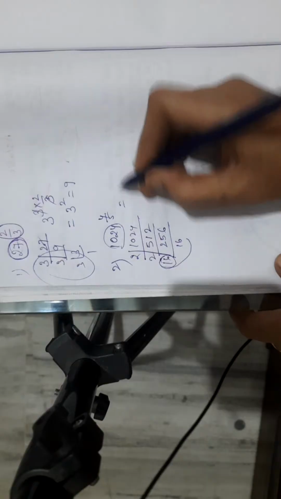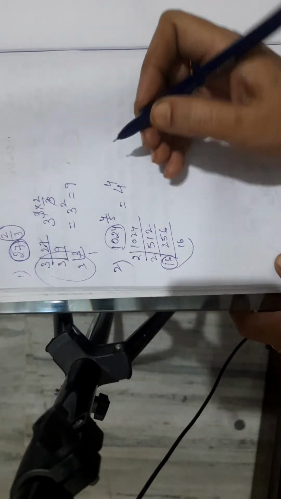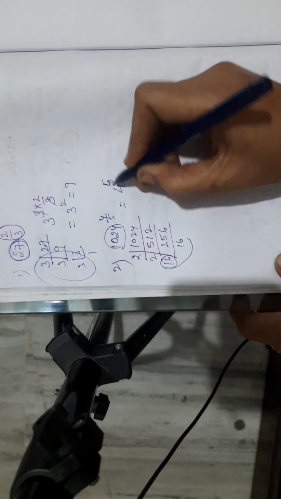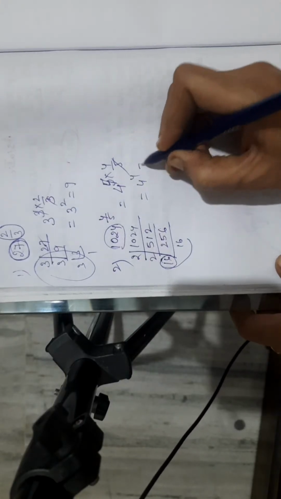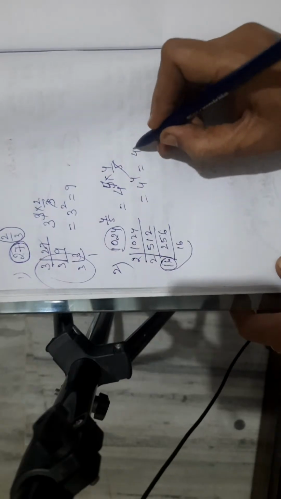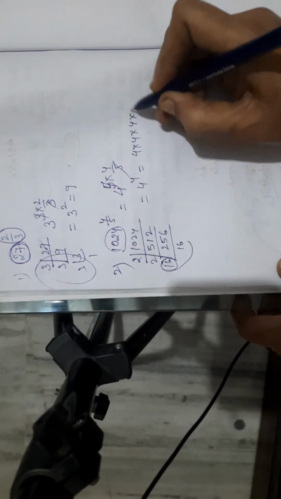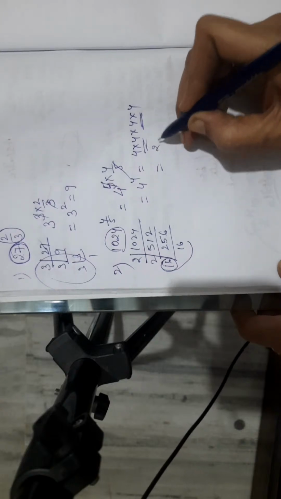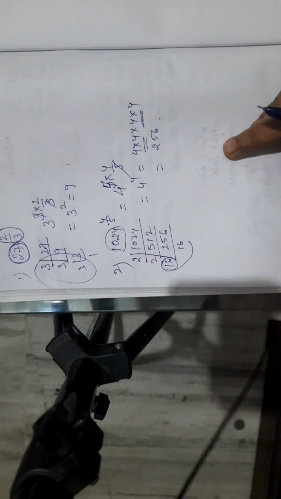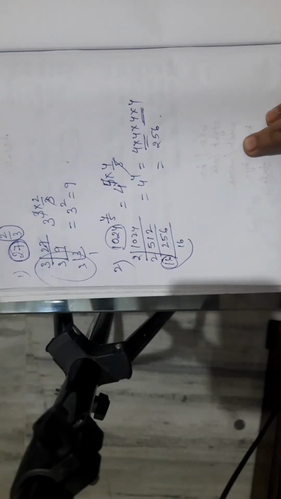So this you can replace as 4 raised to power 5 multiplied by 4 upon 5. This 5 will get cancelled. 4 raised to 4, multiply 4 four times and you'll get the answer. 4 4s are 16, 4 4s are 16, 16 16s are 256. So the answer is 256.